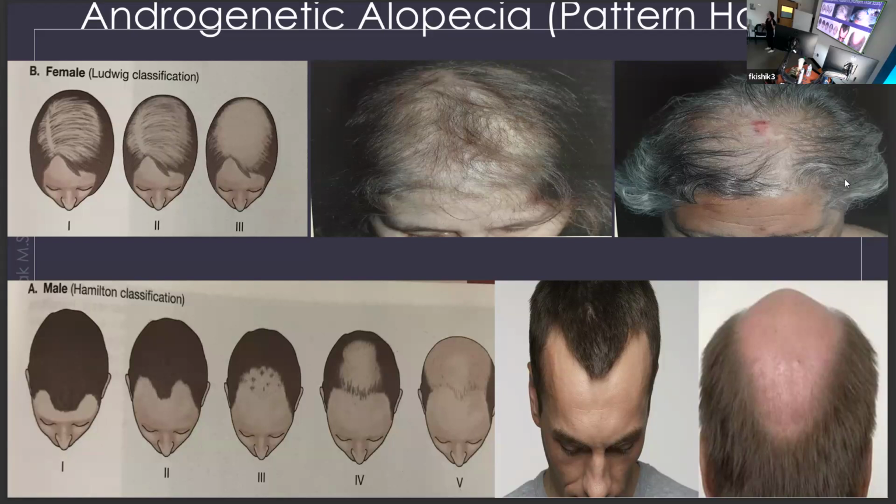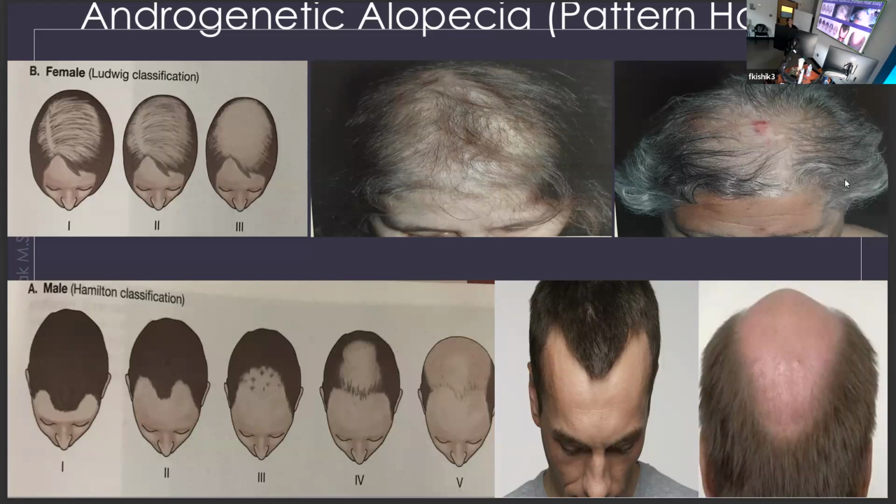So you're going to have someone who goes from normal caliber hair to hair thinning over time as their hair becomes more vellus and very fine, until eventually it affects the cells so much that they die off, and then you have permanent scarring that you see with hair loss of this type. Make sense? Yeah?